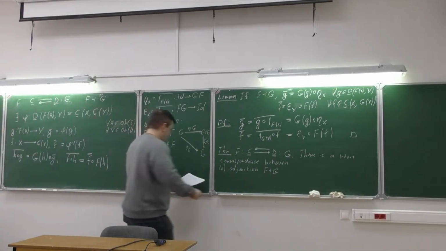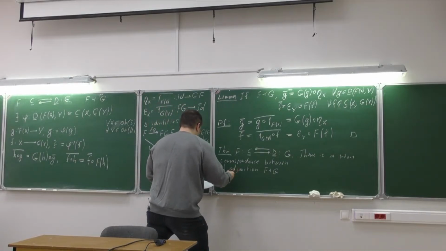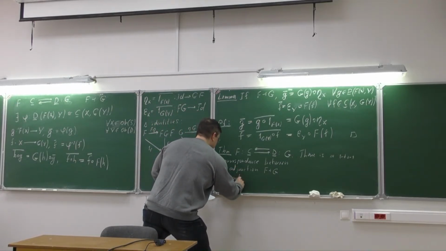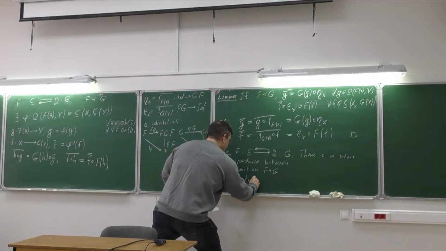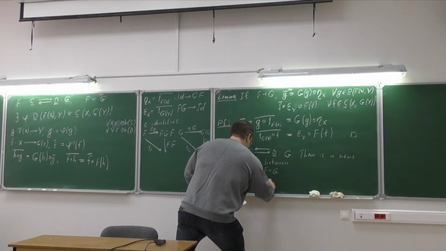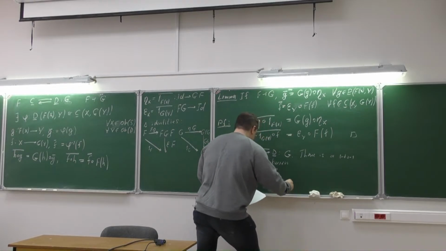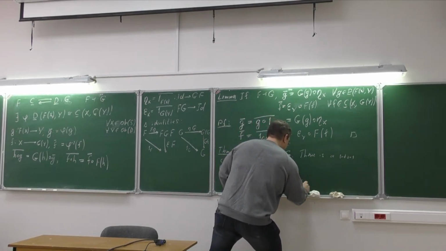And the second data, B, are natural transformations, the unit and co-unit of the adjunction. So natural transformation eta, from the identity functor to gf, and the co-unit of the adjunction epsilon.